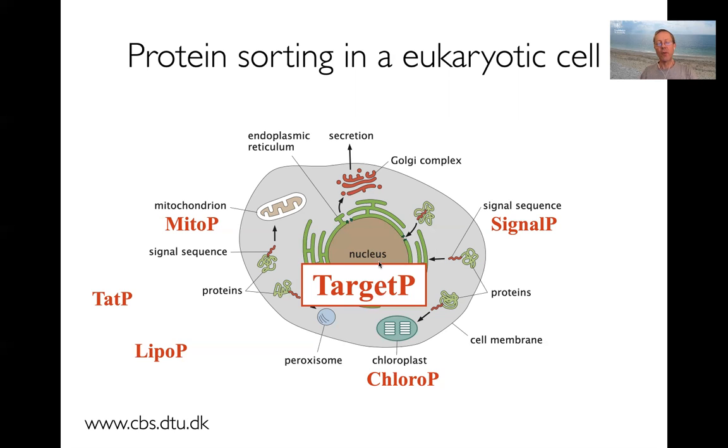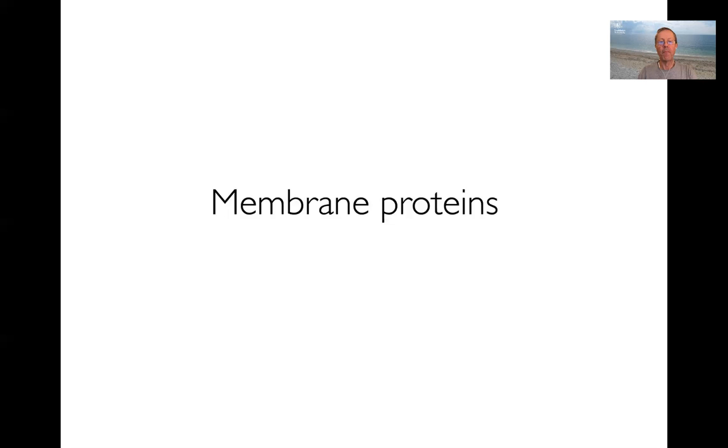So this is a combined or integrated predictor for localizing proteins in the cell. Okay, so that is the protein targeting problem, and the contributions bioinformatics has made in this particular field. So let me now turn to membrane proteins.